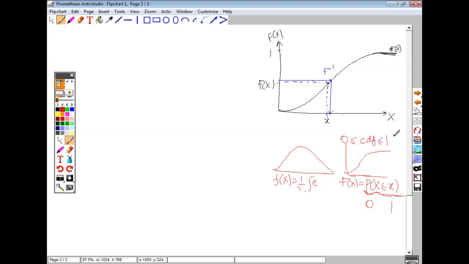Never beyond this and never beyond that. And whenever I'm talking about PDF, it can essentially take values from minus infinity till infinity. Does this make sense to everyone? Are you guys still confused about this?